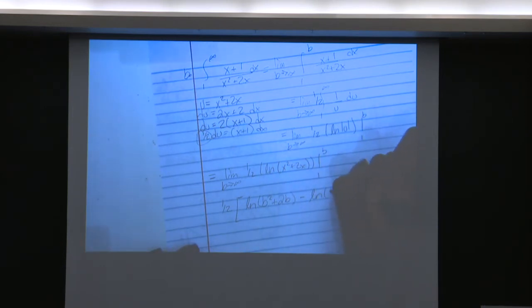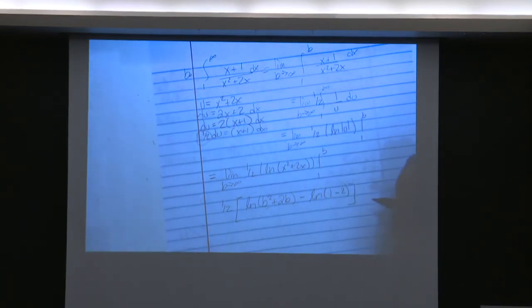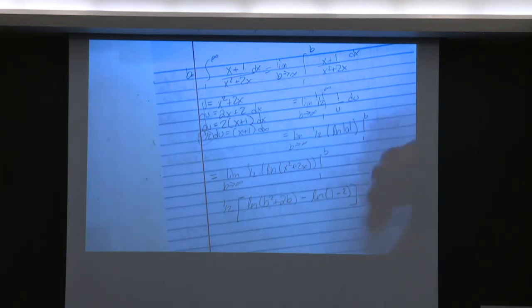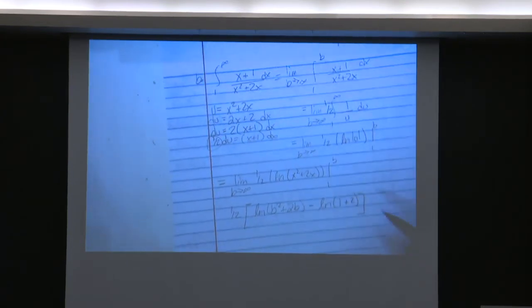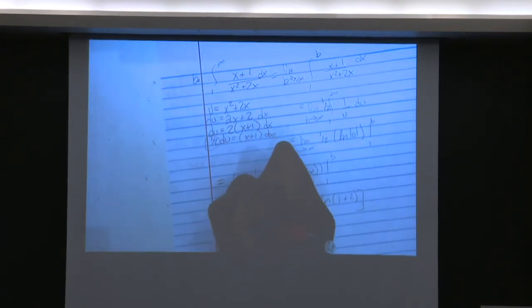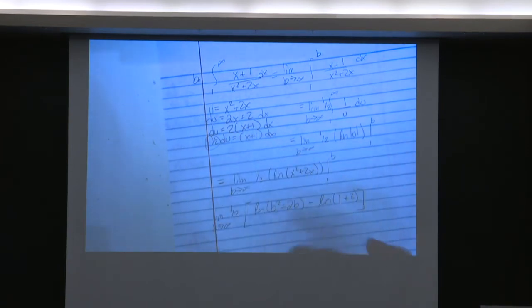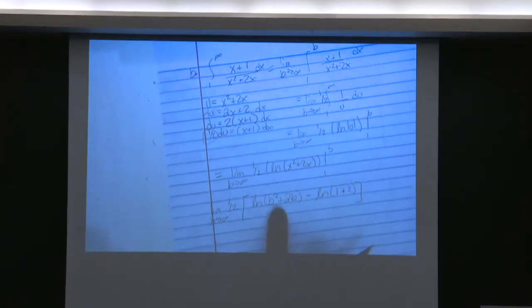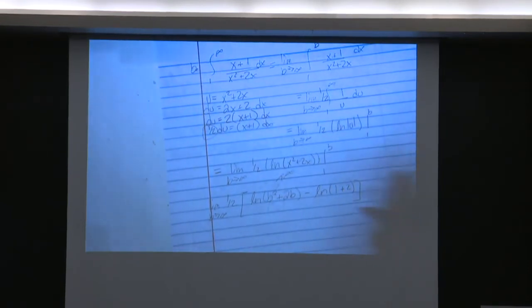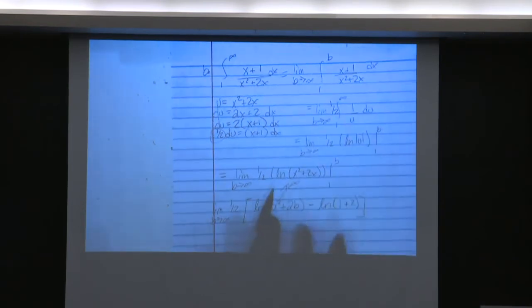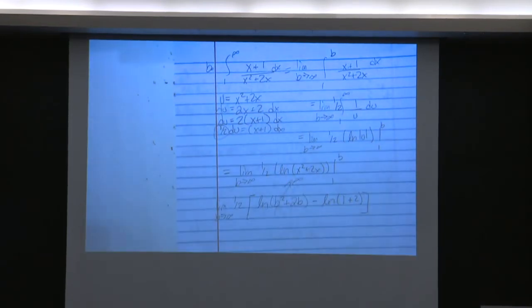Ln of 1 minus 2. I know an ln of a negative does not exist. Oh, that's not a negative. I'm sorry, that's ln of 3. And does everybody see when I take the limit as b approaches infinity, this goes to infinity, right? And this is minus ln of 3. But because this diverges, the whole thing diverges, so it's a divergent function. Cool? Clear?